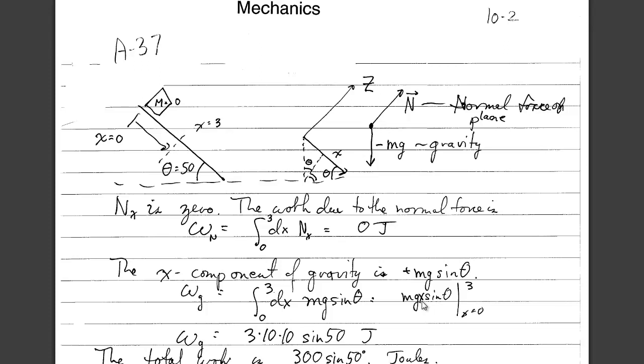It doesn't turn into a cosine theta. And we are integrating from x equals 0 to x equals 3. When we plug in all of the numbers, here is the x, the distance we travel. There is the mass. There is the simple approximation for g. There is the sine 50. And the total work done is therefore 300 sine 50 joules.